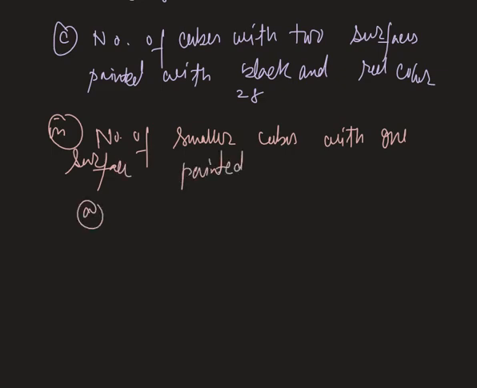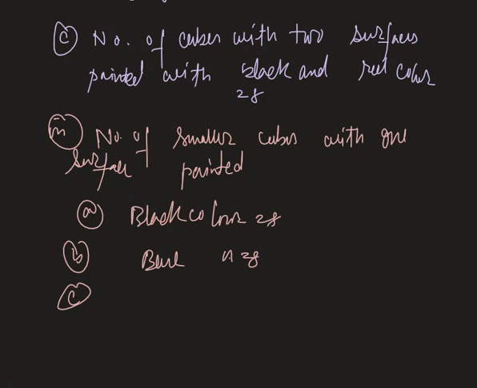It is also divided into three parts: the number of cubes with one surface painted with black color is 8. One surface painted with blue color is also equal to 8. And lastly, one surface painted with red color is also 8. Therefore, our required answer is 8 plus 8 plus 8, which also results in 24.